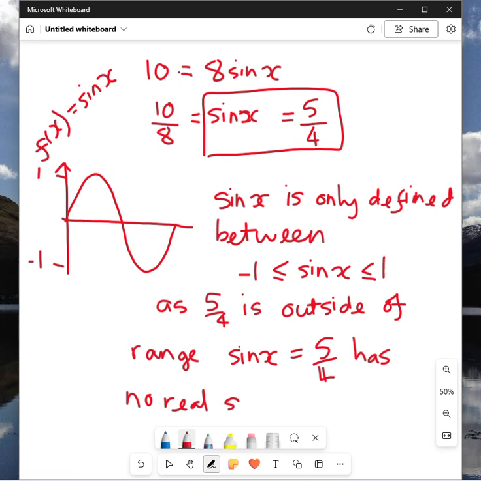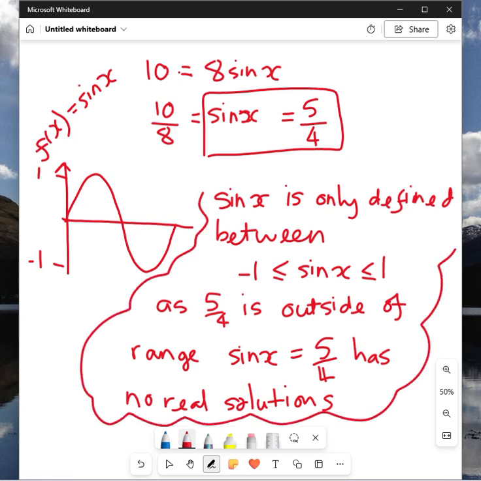Hopefully you can read my writing there. You do need to make a comment. Putting the range is good and sketching the graph, but you do need to justify that. So write in that statement: because sin x is only defined between -1 and 1, we've got a value that's outside that range, so therefore it can't have any real solutions, and that is the answer.